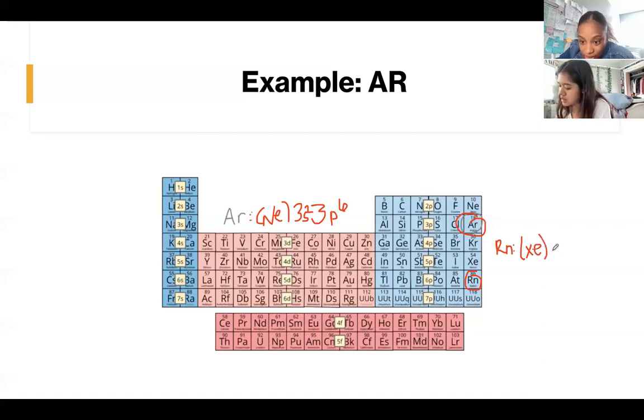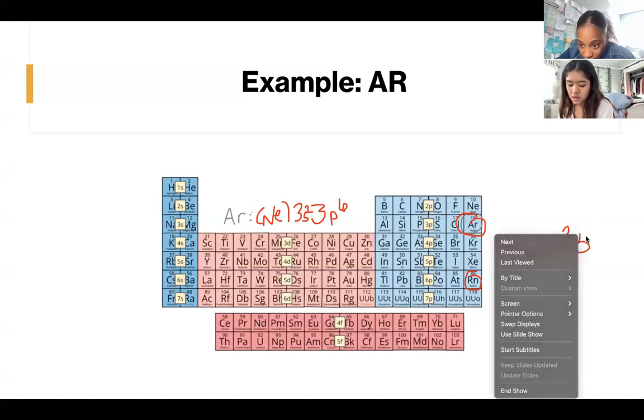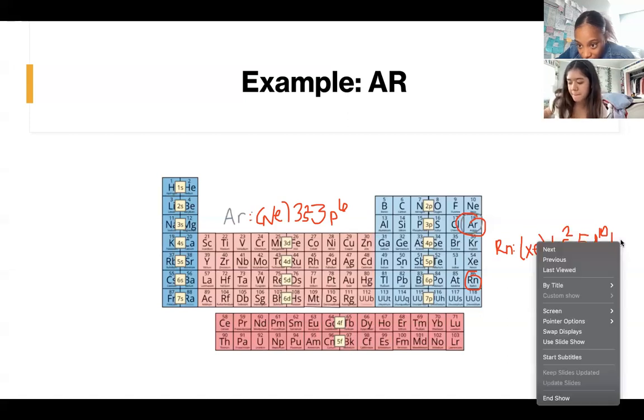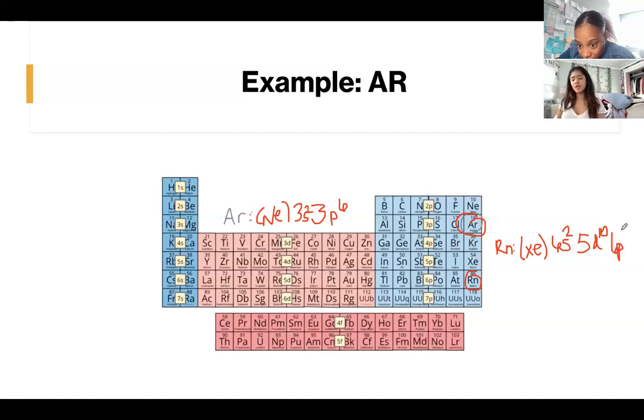Then it would be 6s2, and then 5d10, and then 6p6. Right. That's literally how you do it.